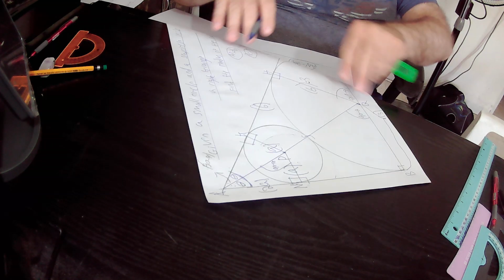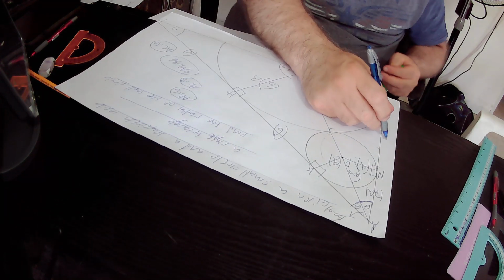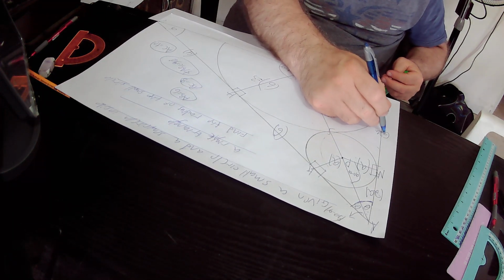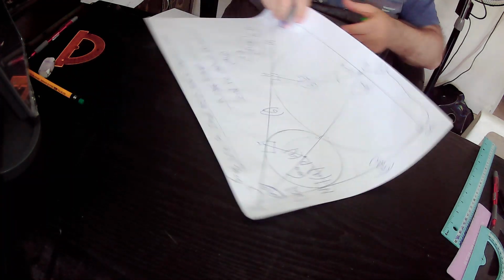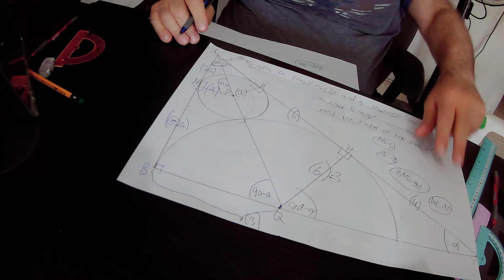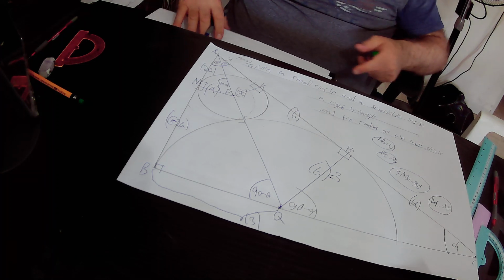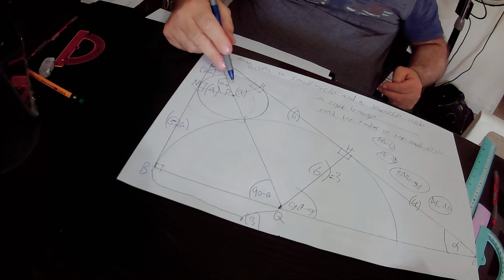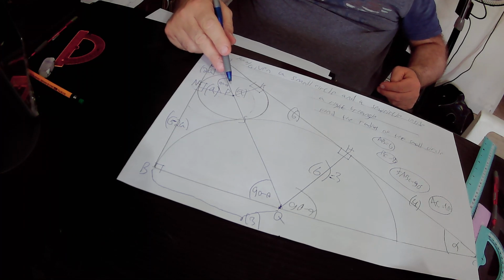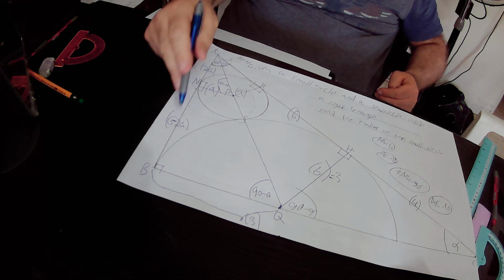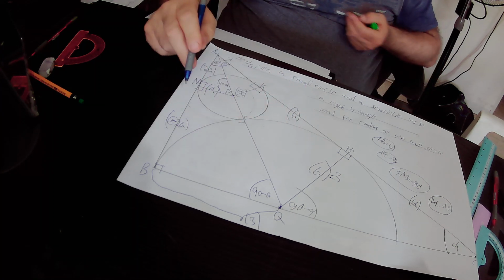The missing side NB equals 6 minus 2a. In the next step, we do a construction, that is to say, from the center of this small circle, from point P, we draw a perpendicular on BQ.